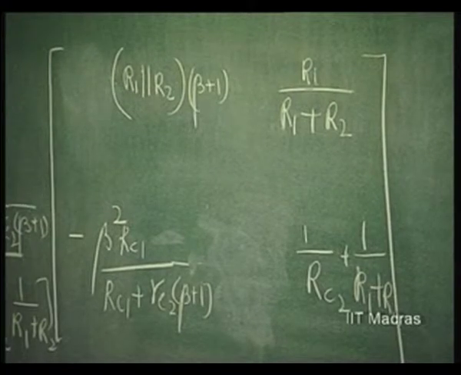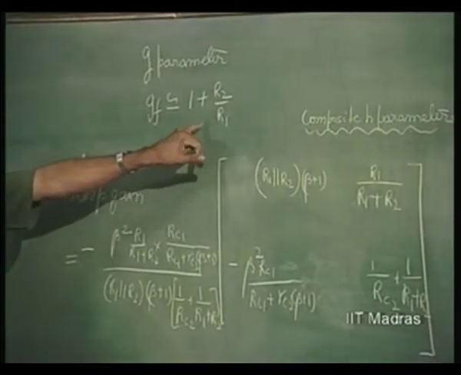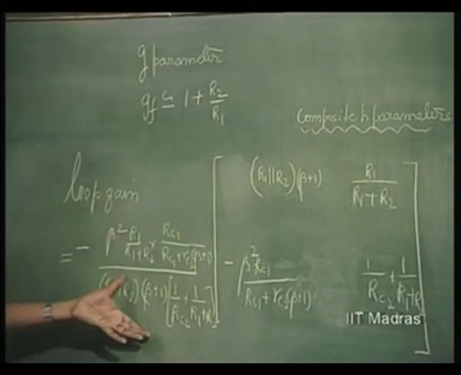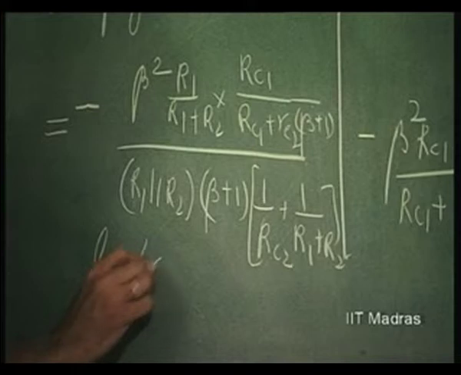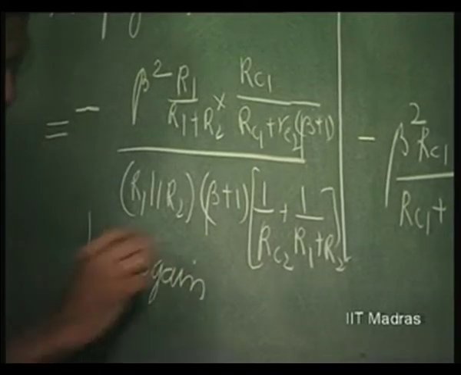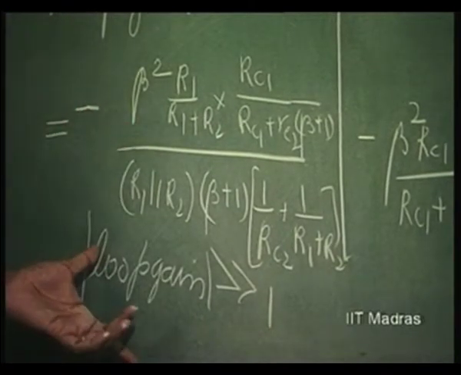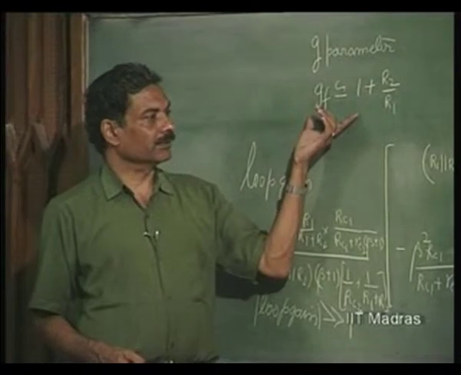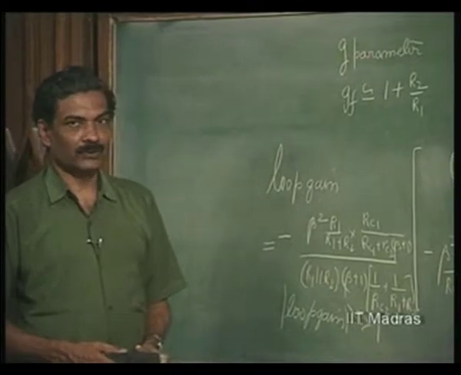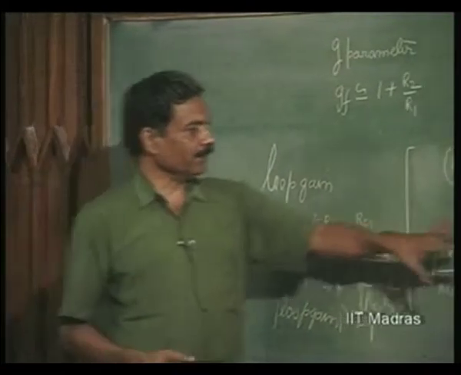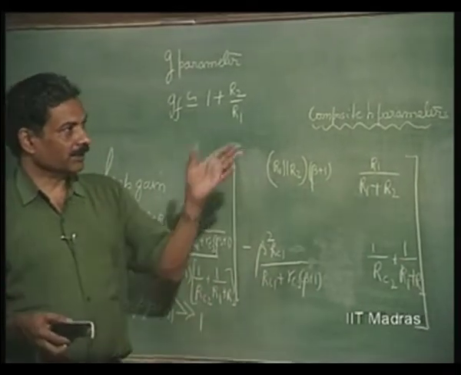We will do this for a numerical example and show that Gf will go towards always 1 plus R2 over R1 if the magnitude of loop gain is high. This is negative for negative feedback, and if the magnitude of loop gain is much greater than 1, then this goes towards 0. So, it reaches an idealized voltage controlled voltage source. So, the output impedance should go towards 0 because it is a voltage source.